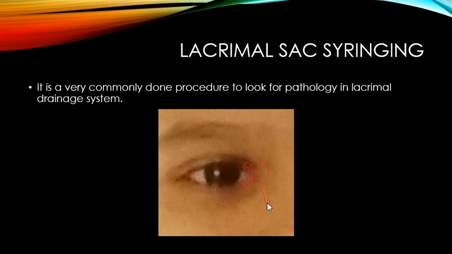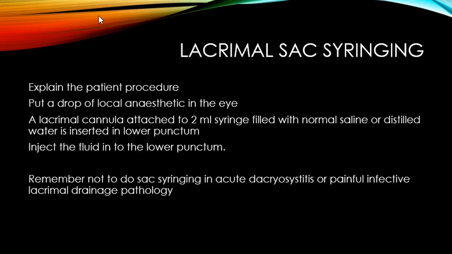Obviously, we need to exclude any irritative pathology within the eye, like any foreign body or any corneal ulcer or any pathology in the conjunctiva that can cause watering, and these all need to be excluded before doing a lacrimal sac syringing. So how to perform this procedure?